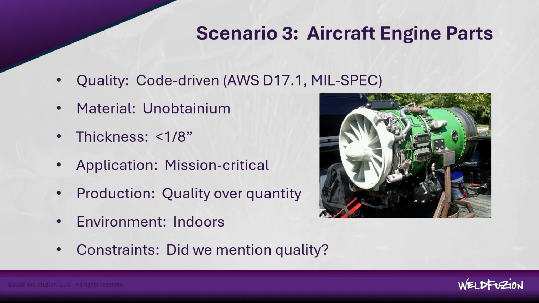Now, let's shift gears and talk about welding aircraft engine parts. Quality here is code driven by AWS D17.1, military specs, and OEM repair guides. The materials welded are normally some form of unobtainium, which is a joke, and that refers to the exotic alloys that are hard to get your hands on because they're so expensive.